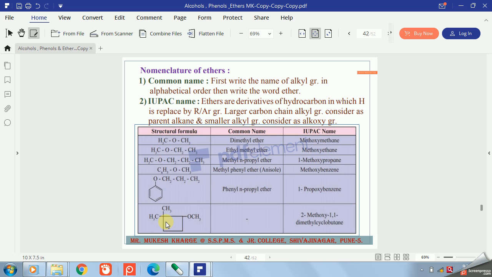Then in this case you have to write the numbering. To which carbon?